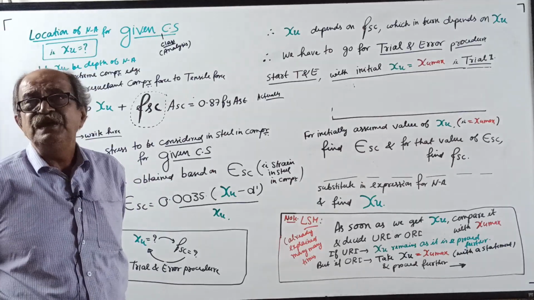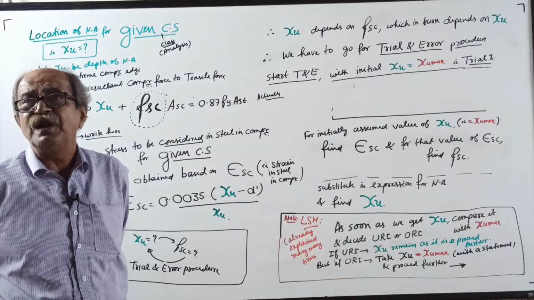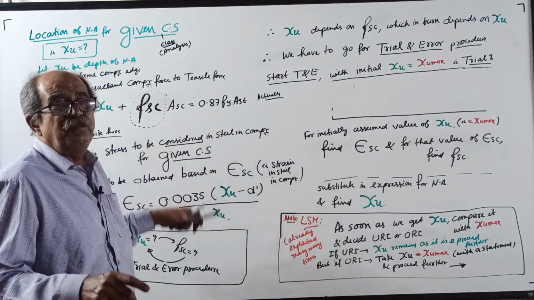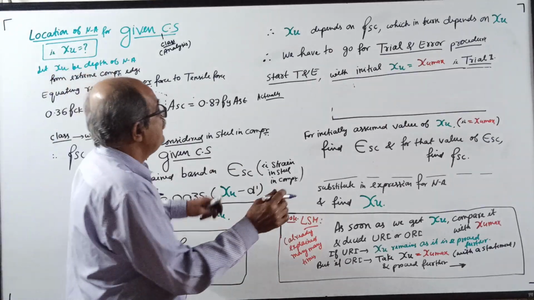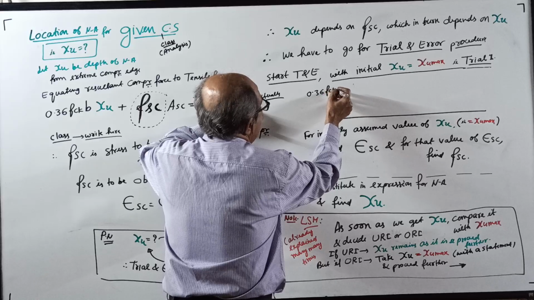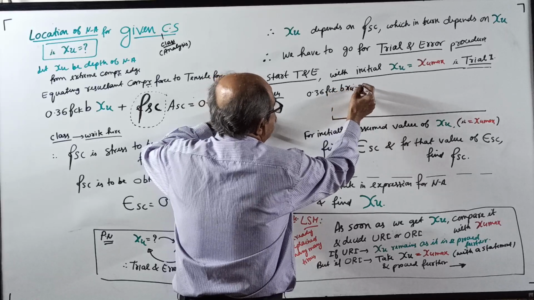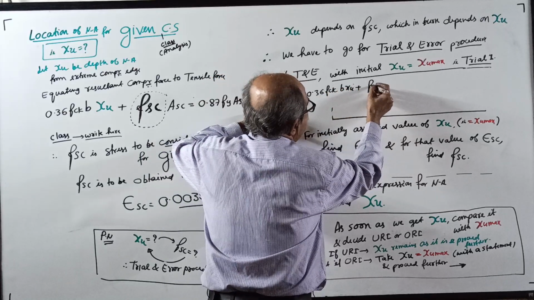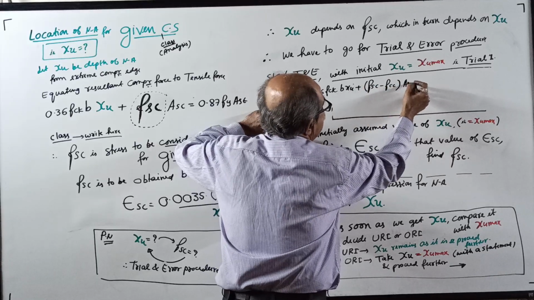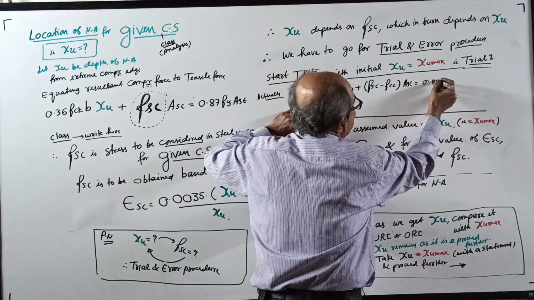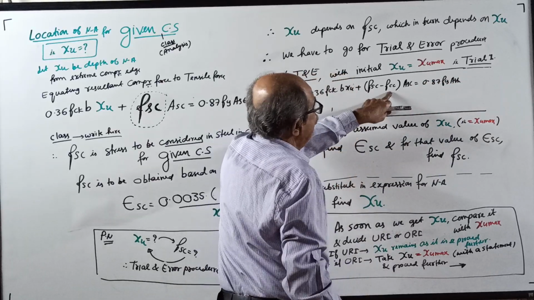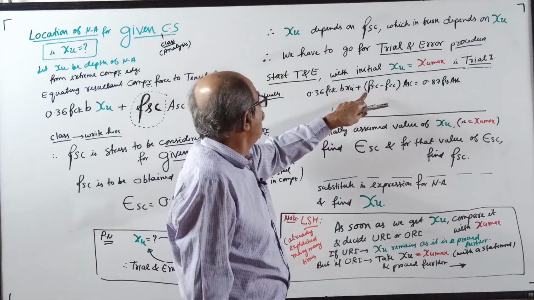When you do it for ASC, if you remember, we do MC minus 1. I explained in the class. Therefore, what many people follow is to write the equation 0.36 FCK into B into XU plus FSC minus FCC into ASC equal to 0.87 Fy into AST. FCC is the, now it will become what?